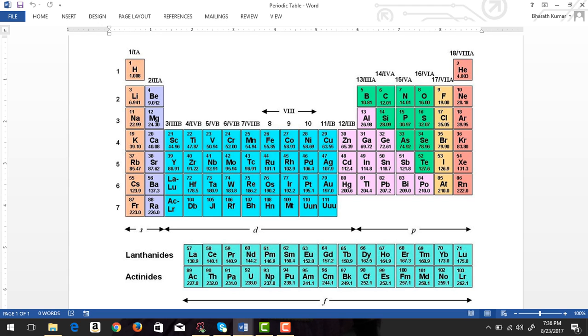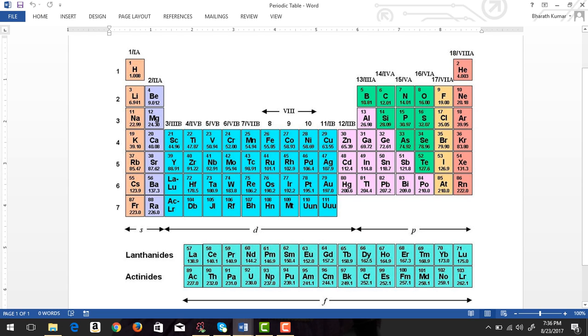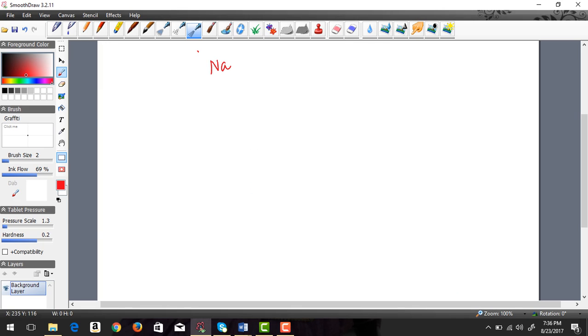So you see that electronic configurations are also written using noble gas configurations. Okay, let's say I write the electronic configuration of, say, sodium. Okay, what's the atomic number of sodium? It is 11, right? So it is 1s2, 2s2, 2p6, and 3s1, I believe.